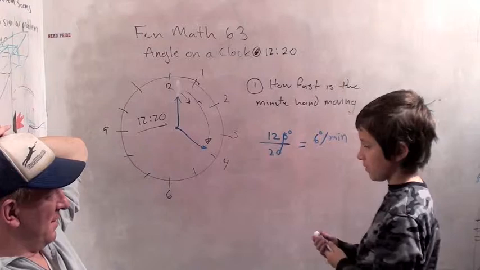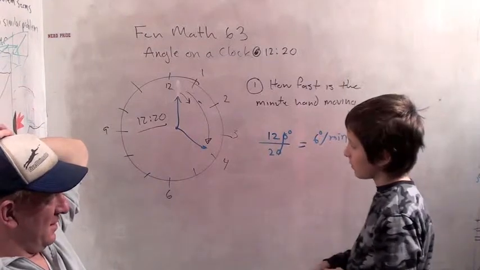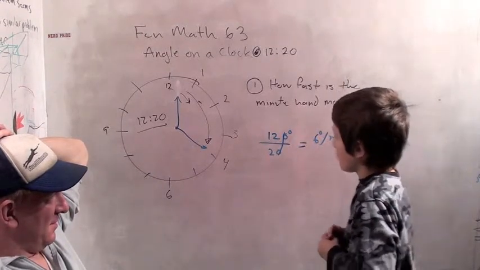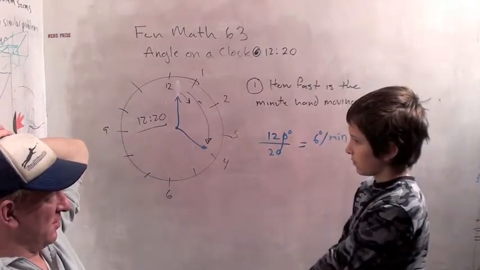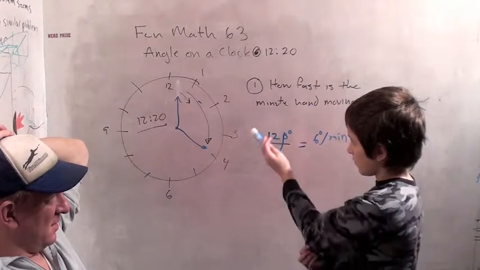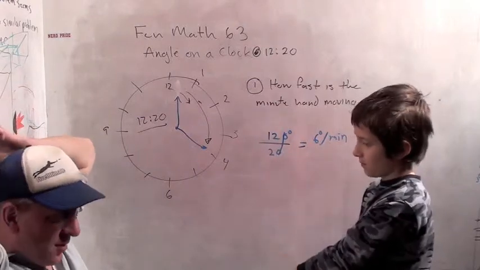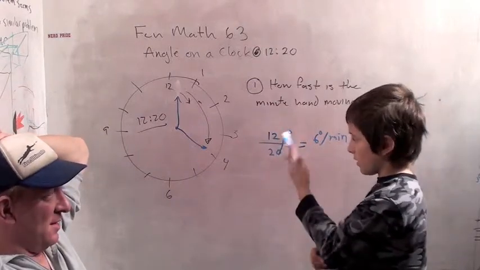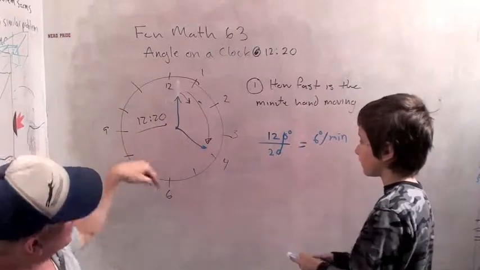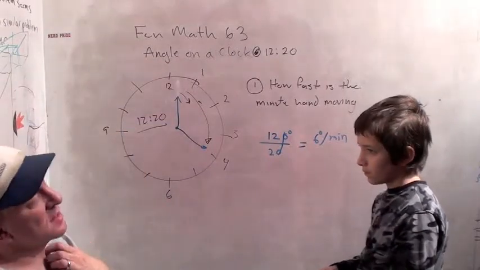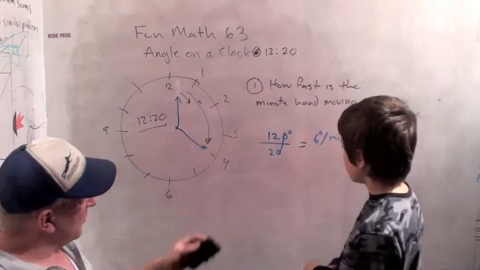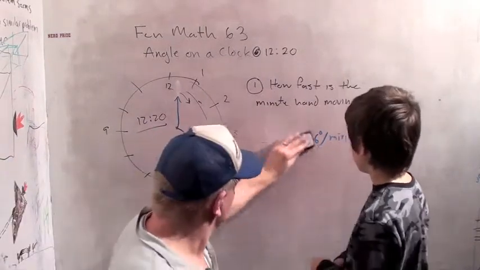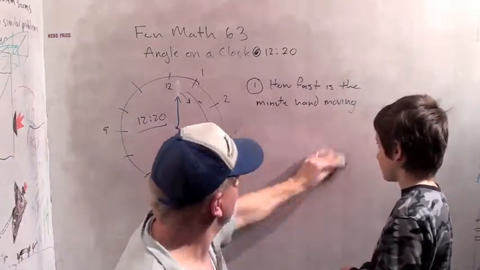Even easier than that: what's the easiest distance in angles that you know the minute hand goes? It goes 360 degrees in 60 minutes. So 360 over 60 is 6. The minute hand moves 120 degrees in 20 minutes, or 6 degrees a minute.